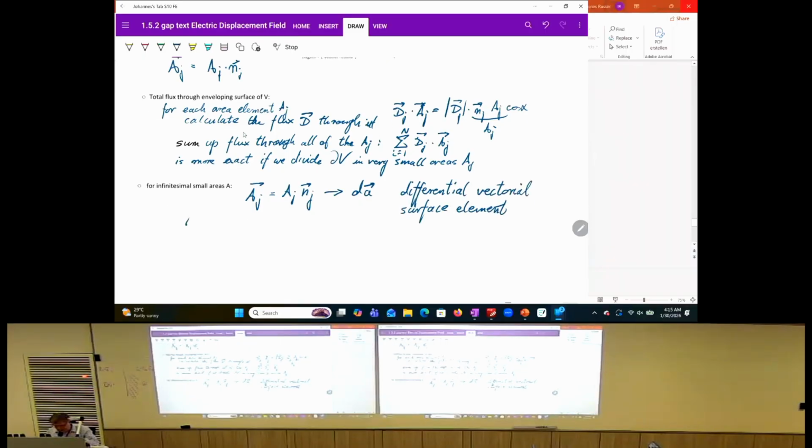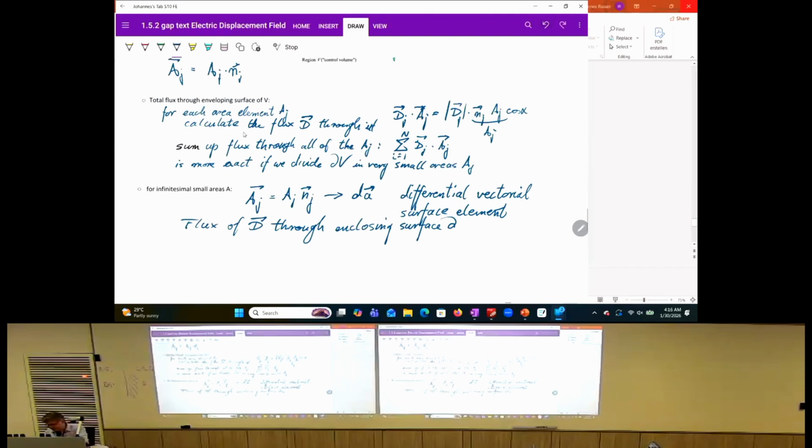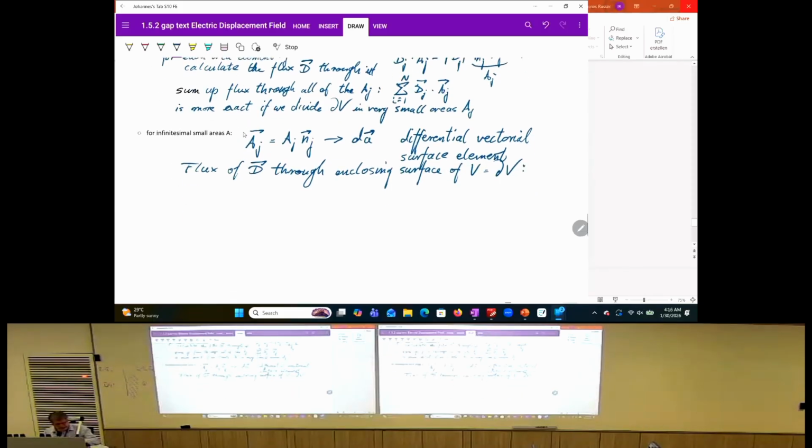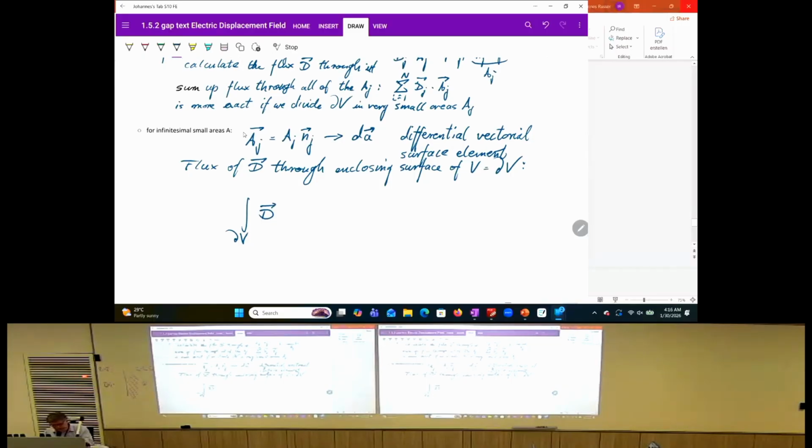So then the flux of the displacement field through an enclosing surface, let's make it more clear, the surface of the volume V, that becomes then a surface integral over an enclosing surface over the displacement field, given like that.